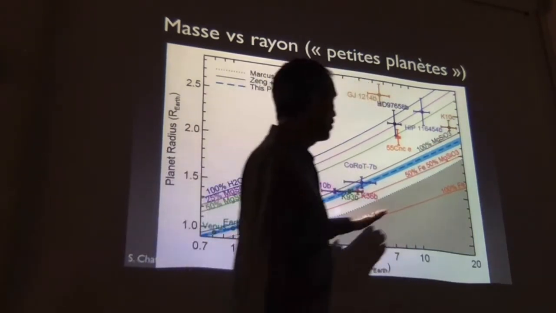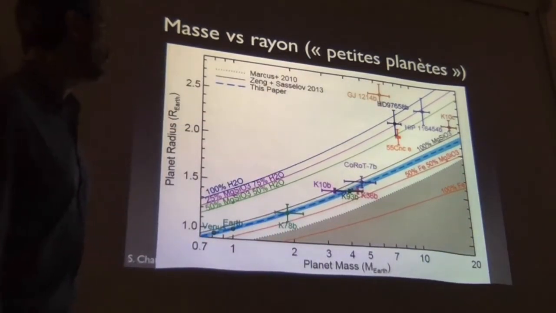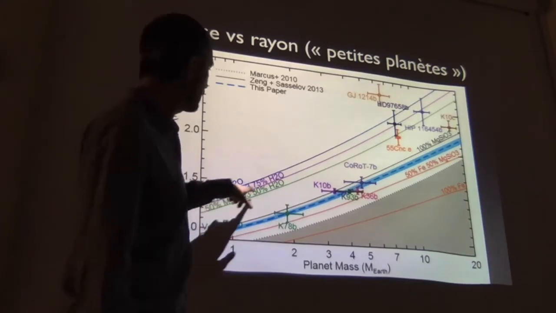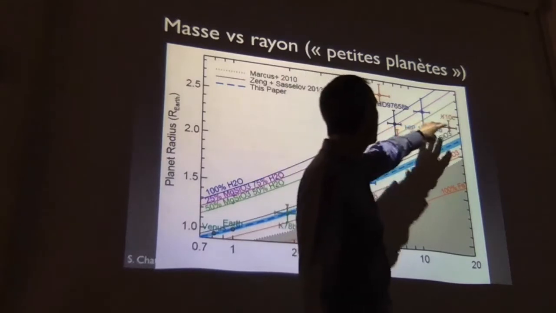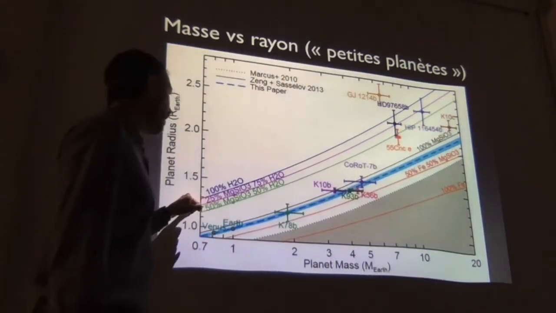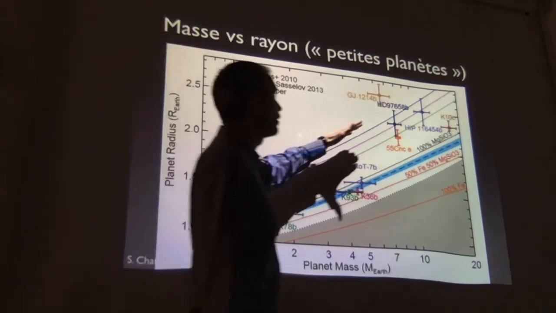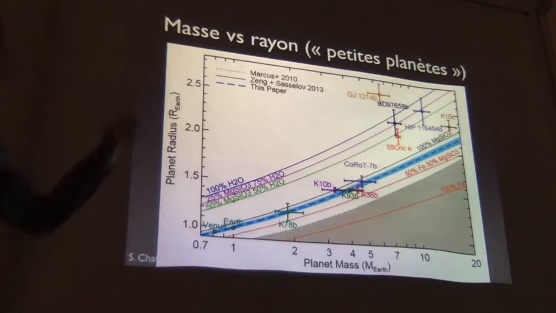This is 100% iron, and then we have other models with 50% silicates and 50% water. We have some candidates here. 25% silicates and the rest water, or 100% water. And we have some planets that can be fitted by these different models.